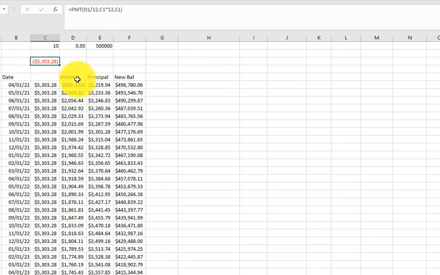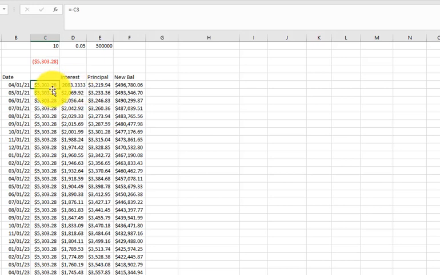The payment that our customer's been making all along is $5,303.28.